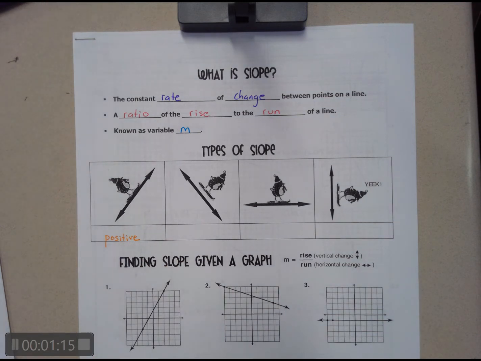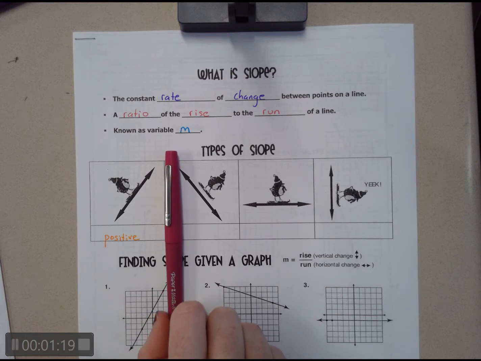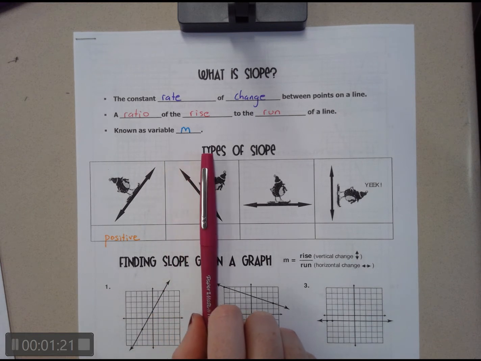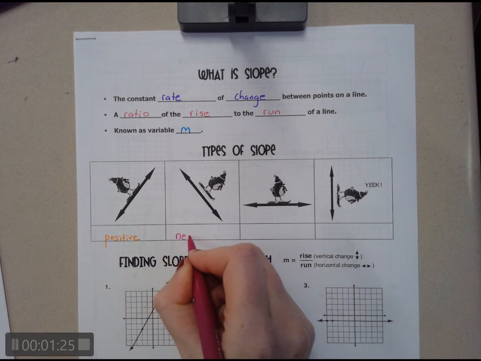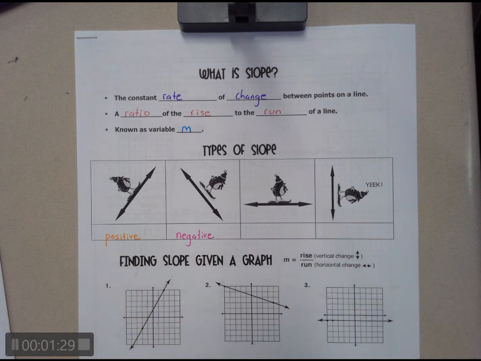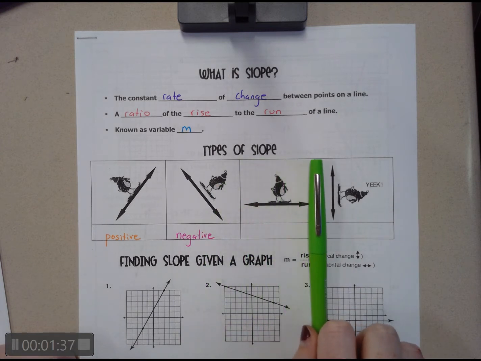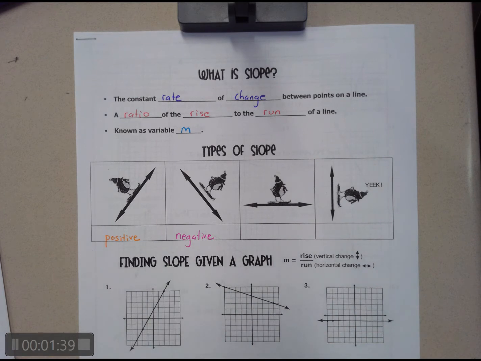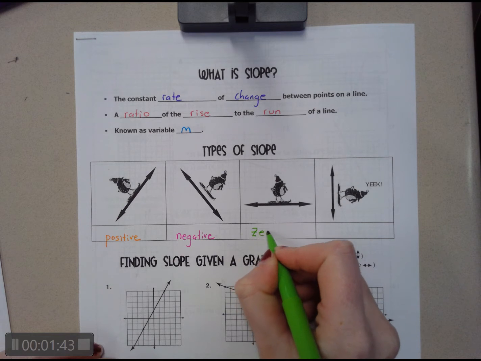And then if we look at the next one, going from left to right, our penguin is going down. So this is going to be a negative slope. Okay. All right. And then our next one, left to right, well, our penguin isn't going either up or down, and when that happens, it is called a zero slope.